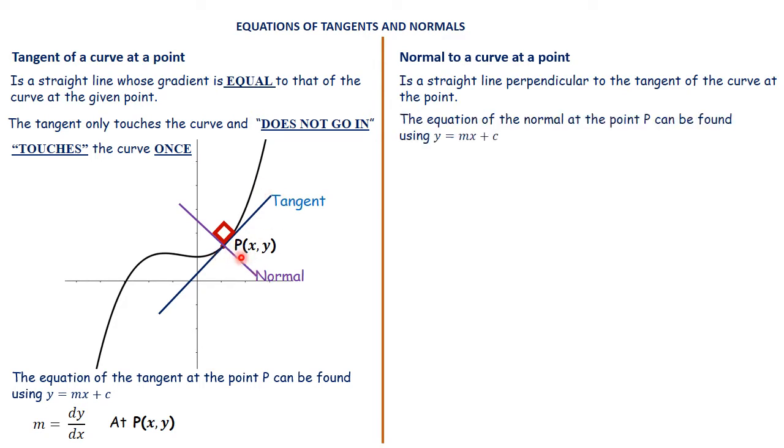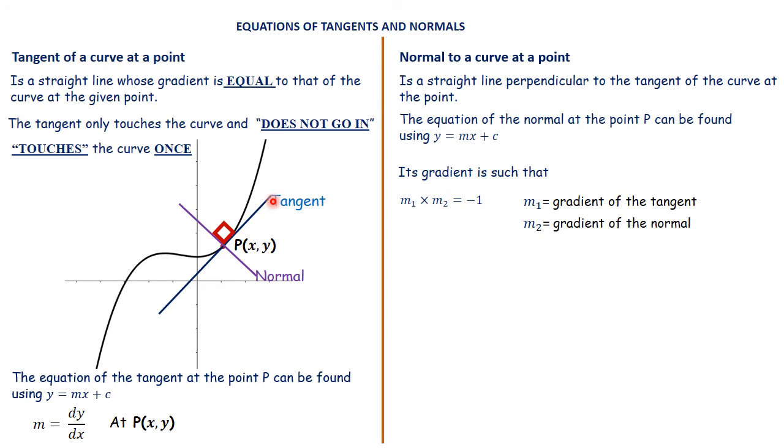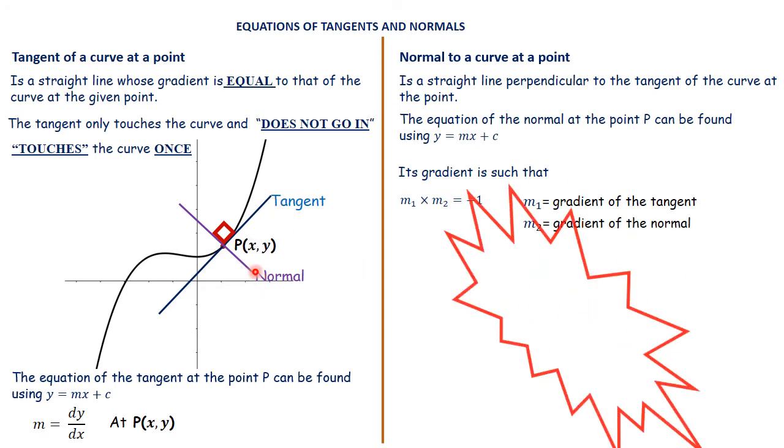If it's perpendicular to the tangent at the point P, it is a normal of that particular curve at the point P. Now, the equation of the normal at the point P can be found using y = mx + c, and we shall look at that in a few moments. The gradients are such that m1 times m2 is equal to -1, where m1 is the gradient of the tangent and m2 is the gradient of the normal.